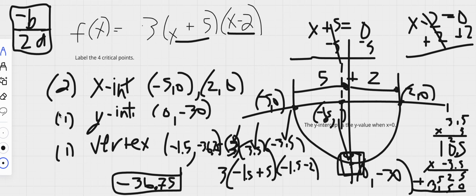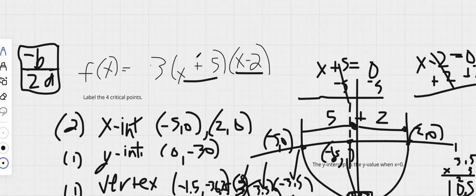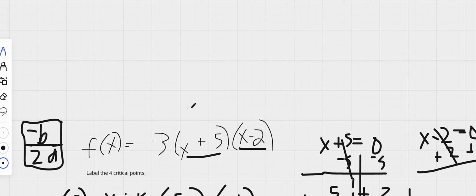And again, you could use -b over 2a, but you would multiply these. So if you multiply these through, let's actually come up here. If you want to try -b over 2a, that is the vertex of a parabola.